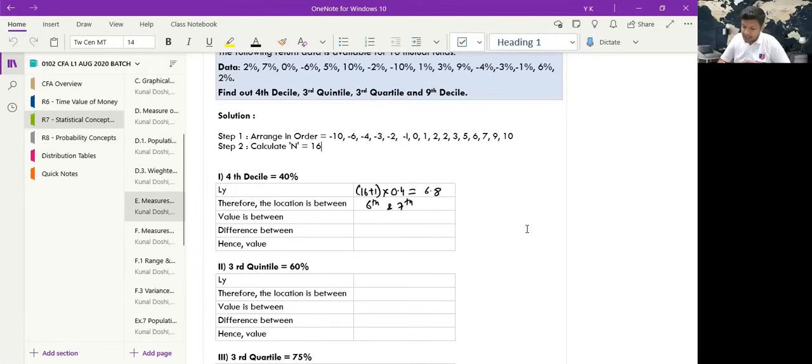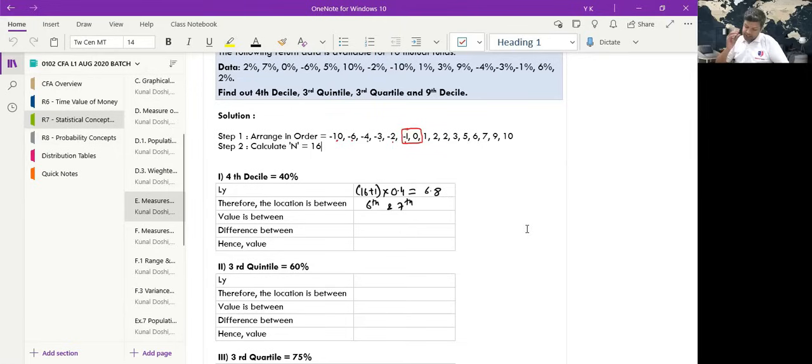Now, if we have arranged the data in order, which is the 6th number? 1, 2, 3, 4, 5, 6. I have the 6th number as -1 and the 7th number as 0. Am I correct? Yes.